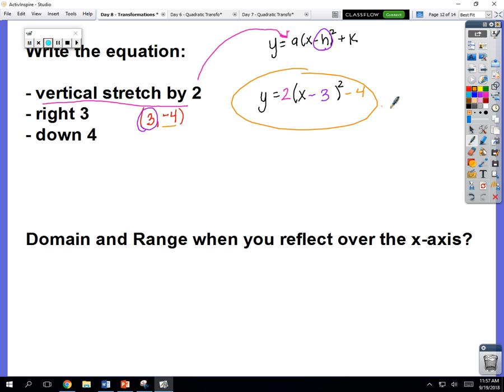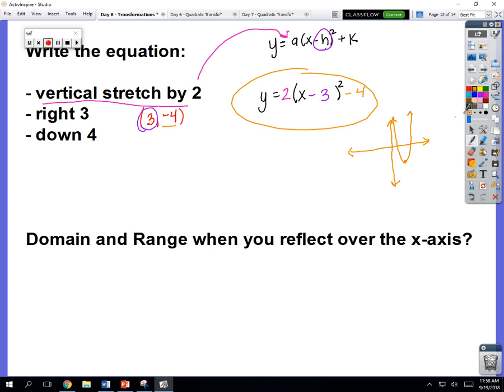Now, domain and range, after it's been reflected over the x-axis. If I was going to reflect this orange equation, when it's circled, over the x-axis, let's first graph it. So we go right 3, down 4, and it's really skinny, opening up.